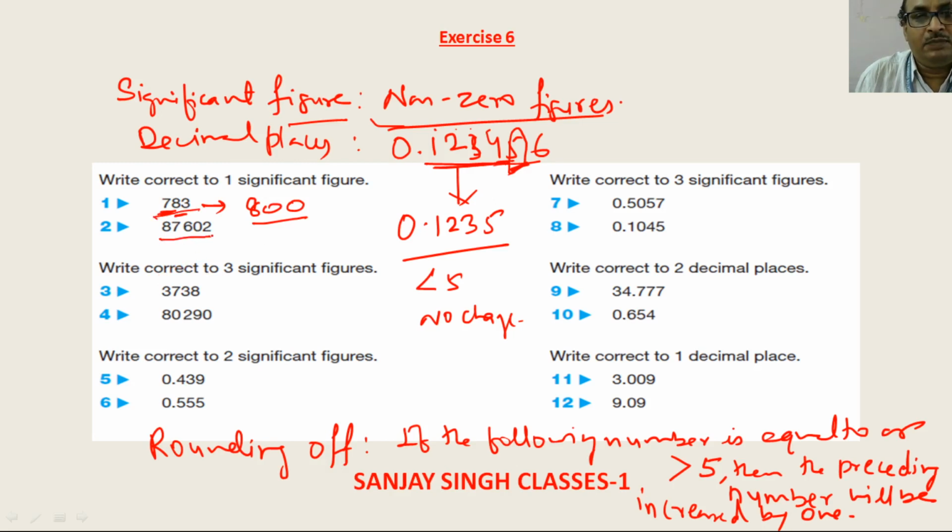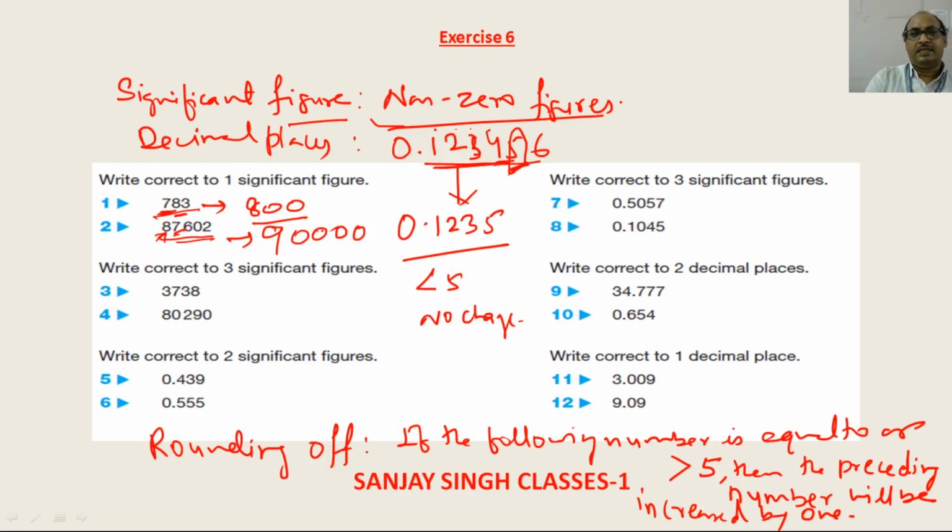In the next case, again we see the second significant figure. This 7 is more than 5, so 8 gets increased to 9, and the remaining become 4 zeros.